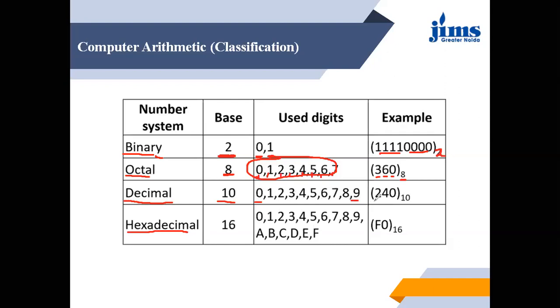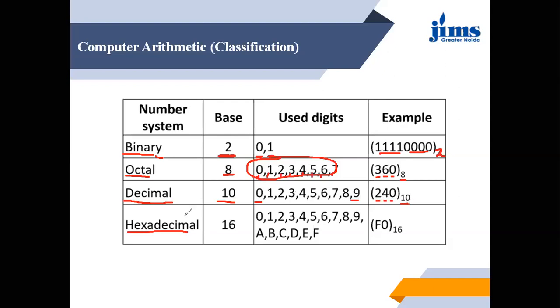For example, this is the representation of a decimal number: it contains 2, 4, 0, and 10 represents the base, that it's a decimal number.